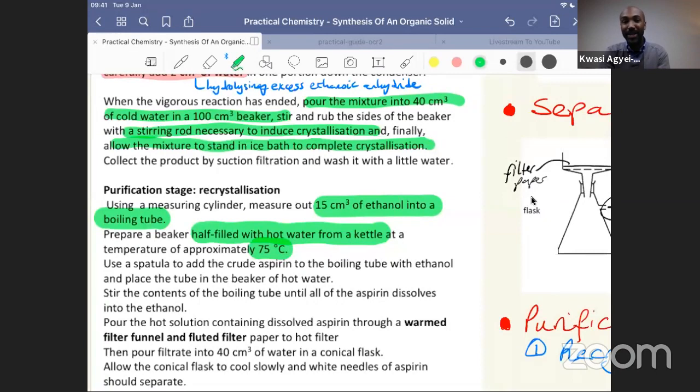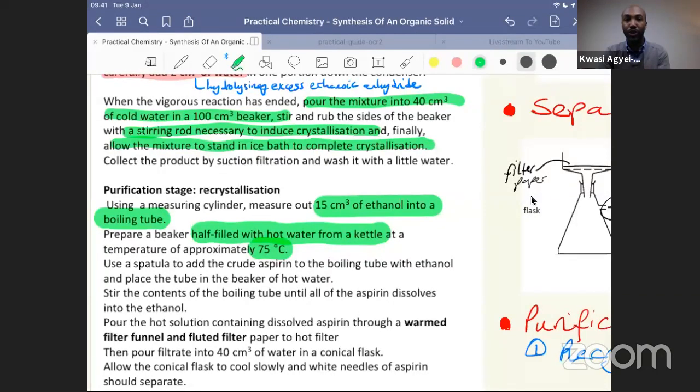Now, in this instance, in this procedure, someone has already taken the trouble of working out what the minimum volume of ethanol required to dissolve our crude solid is. But normally you would have to do things the other way around. Have your solid and add hot solvent to it in small amounts, maybe a centimeter cube at a time, until you've got your solid dissolved.